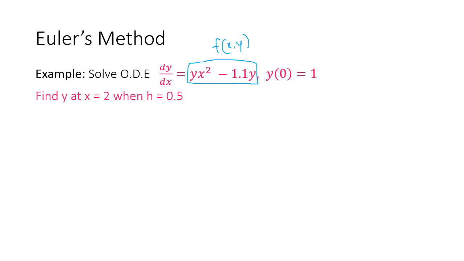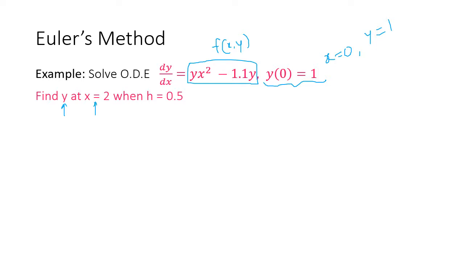Then along with the differential equation, the initial condition is also given, and according to this initial condition, when x is 0, y is 1. And we have been asked to find the value of y when x equals 2.